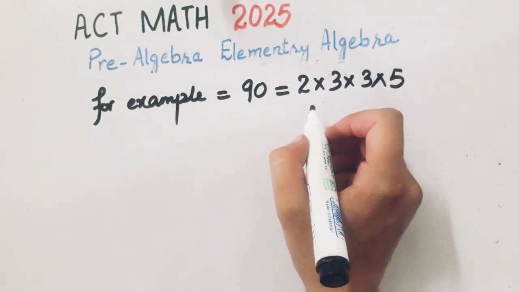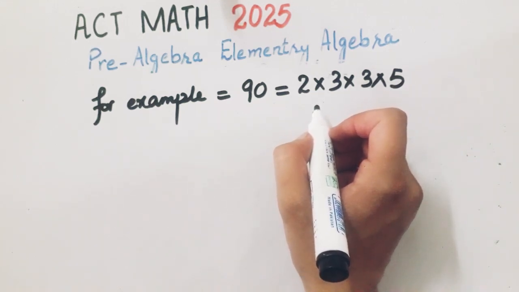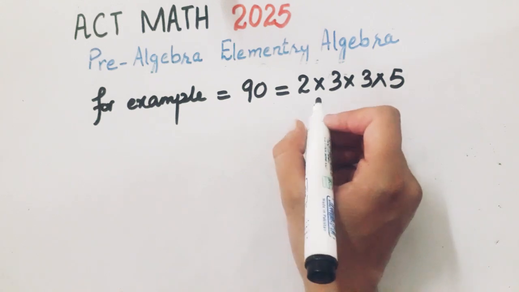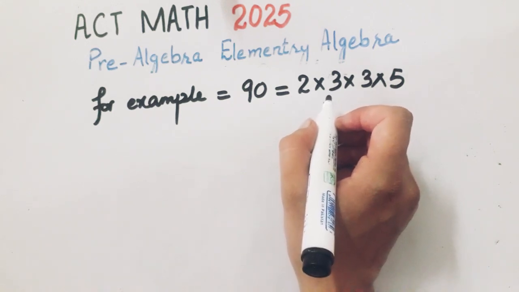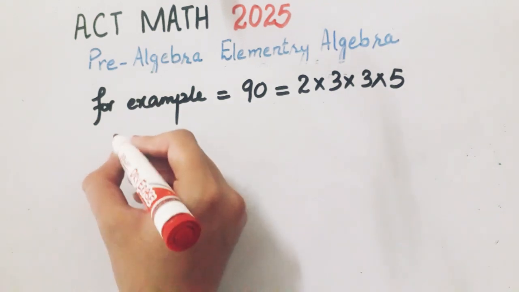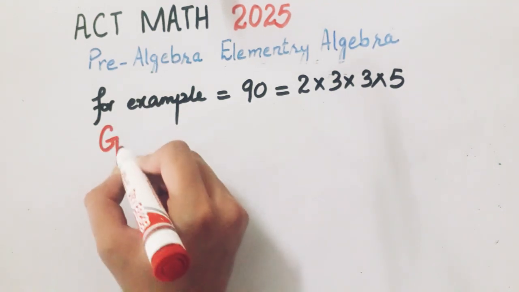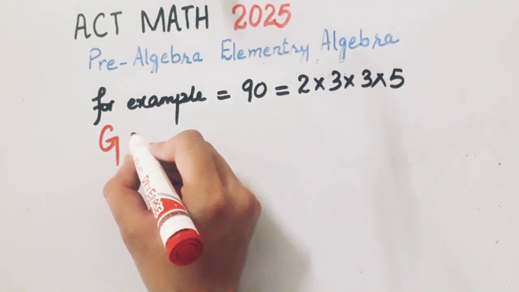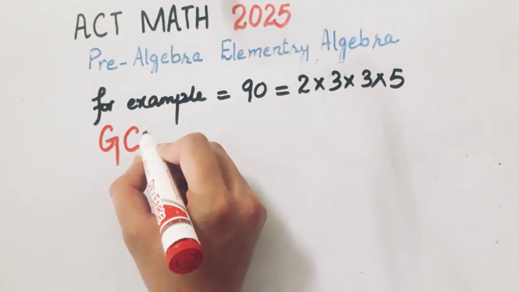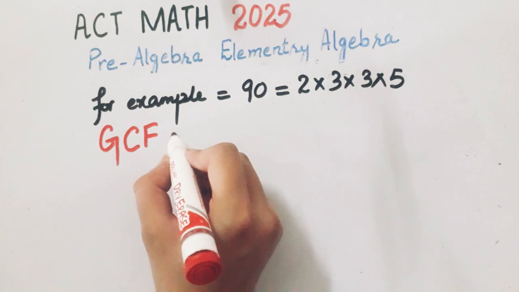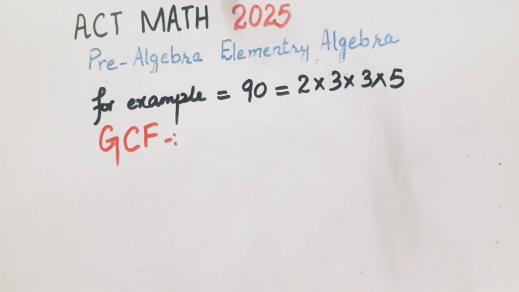So two related concepts are the greatest common divisor and the least common multiple of two or more whole numbers. What is the greatest common divisor? That is called GCF, greatest common factor.